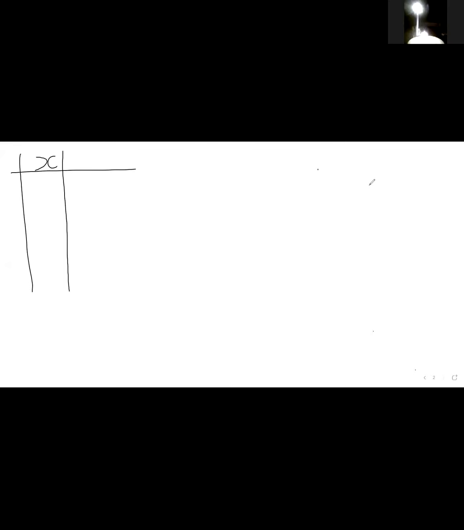We said our X values are 152, 155, 158, 161, 164, and 167.